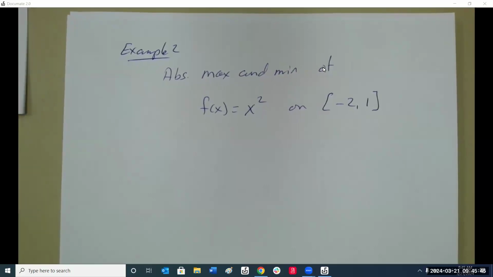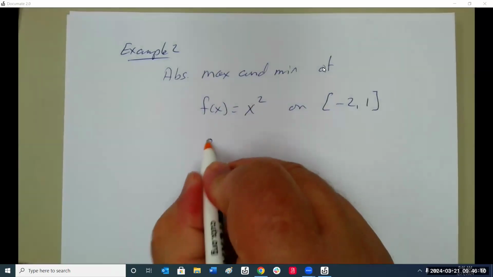Find the absolute maximum and minimum. So what do you have to do? Without drawing a graph, I don't want you to draw a graph. No graphs. Because what we're looking for are the values of the points.